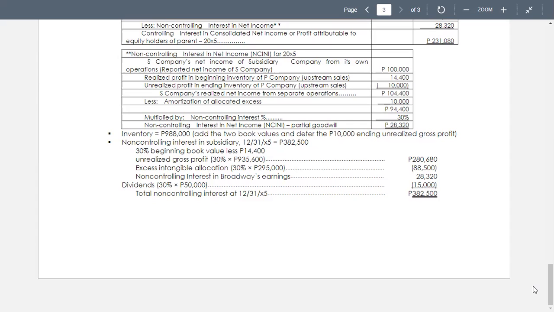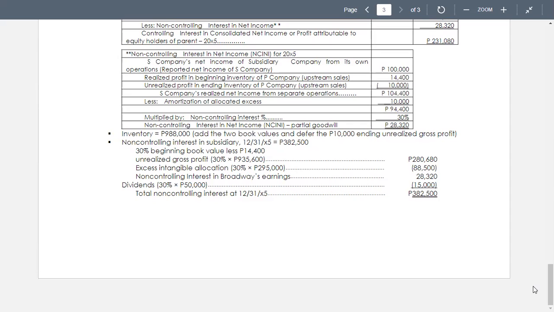Merchandise remaining in beginning inventory sold by Pine to Salad and to Tuna, 414,000. So this one is downstream sales.